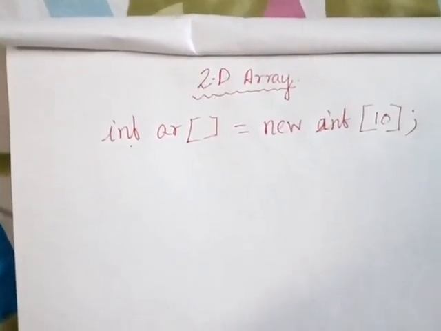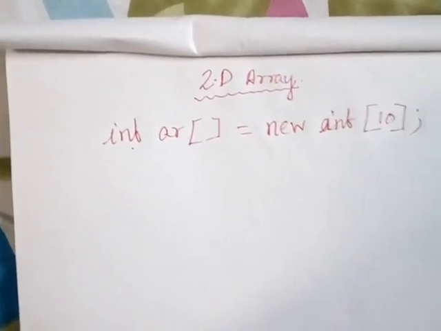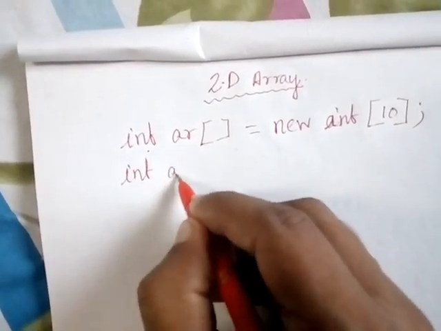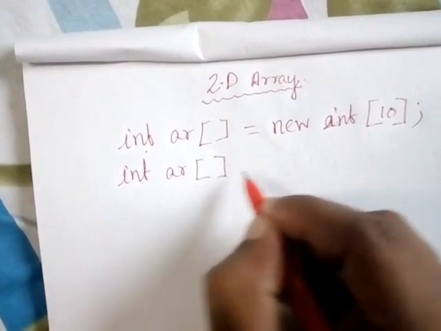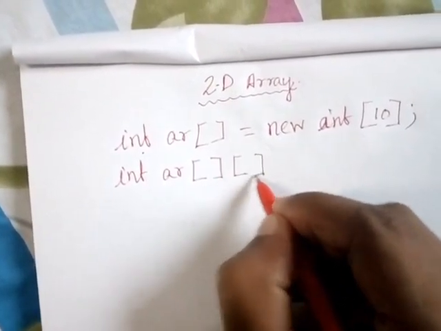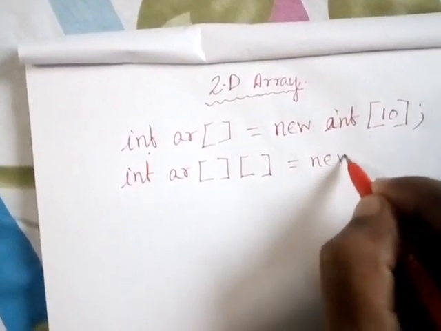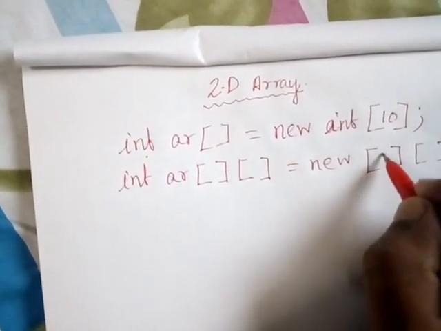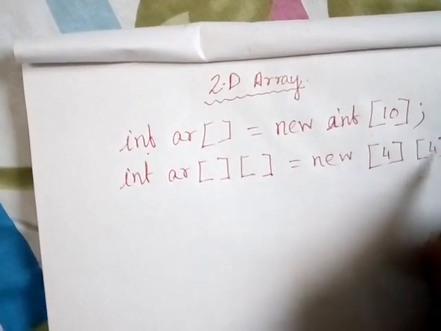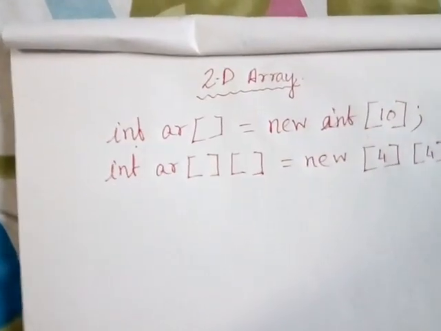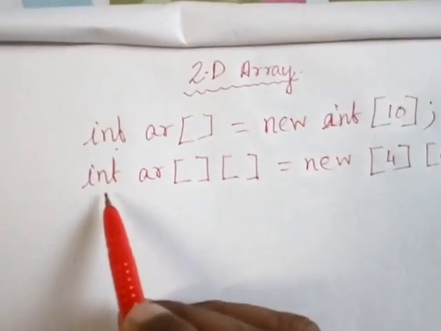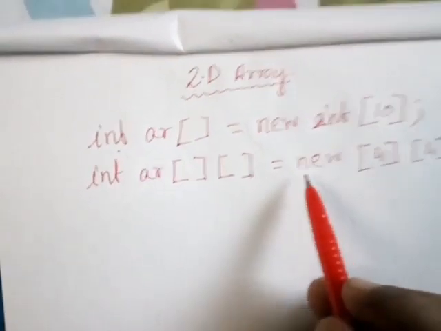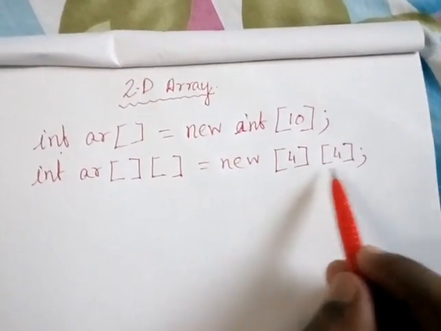Now I am writing another one. Now see students, what I have written here: int AR[][] = new int[4].